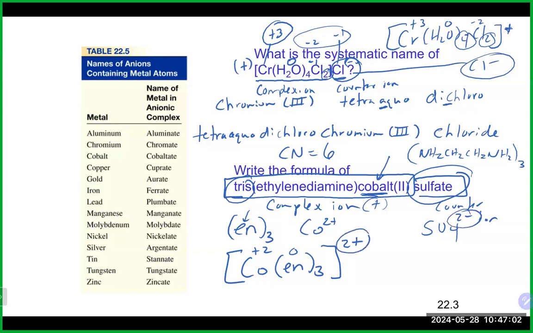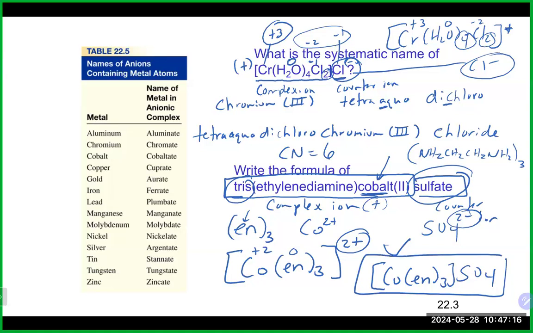So because it's +2, I will just need really one sulfate to balance that out. And that would get me my coordination compound that looks something like this with my one sulfate to balance it out. Any questions on that formula there?